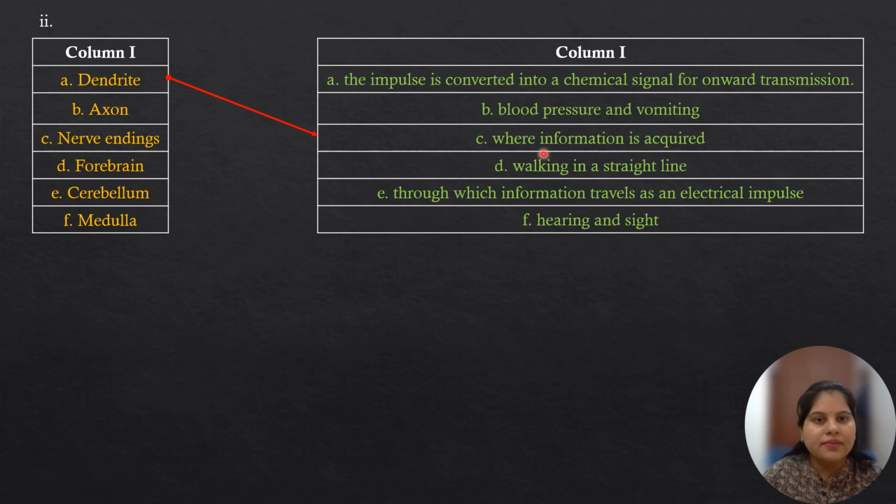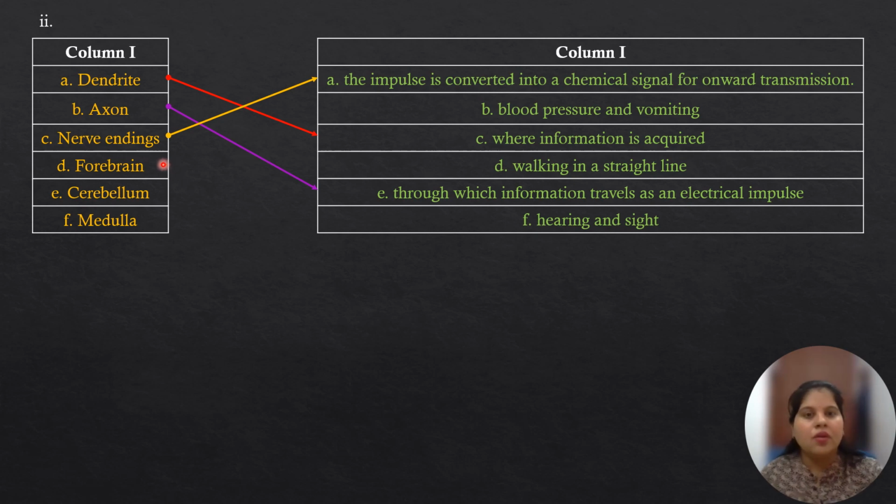Next is axon. Through which information? Yes, here through axon, information travels as an electrical impulse. Nerve ending. In the nerve ending, the impulse is converted into a chemical signal for onward transmission to the next neuron.